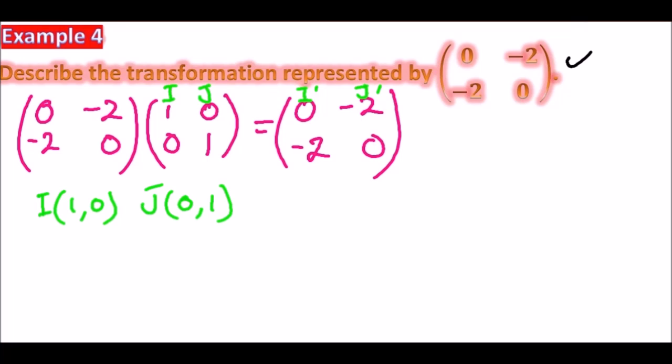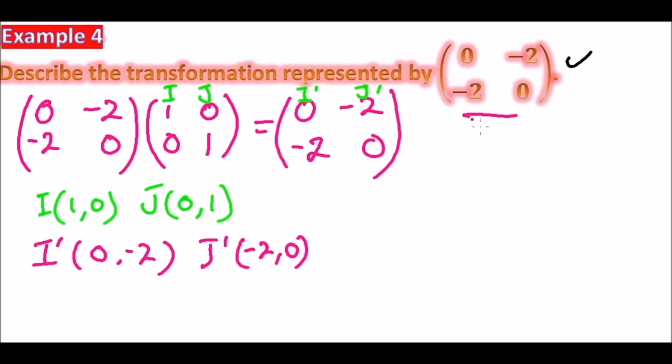The image of I is 0, minus 2, and our J prime, or image of J, is minus 2, 0. So we are going to sketch this and see what happens to our unit square, and that is going to help us describe the transformation represented by that matrix.